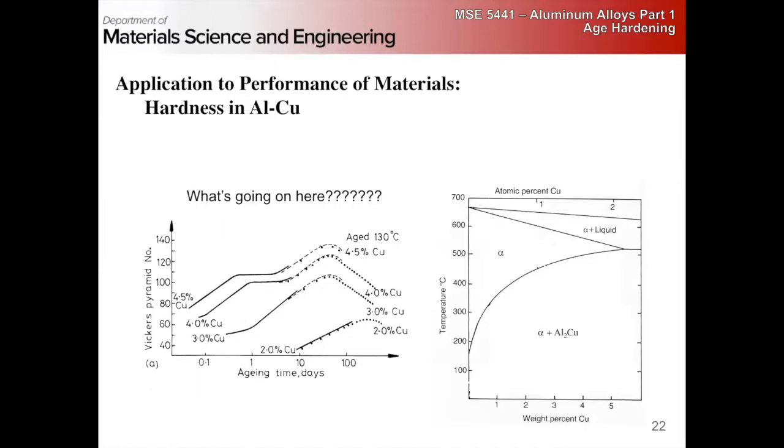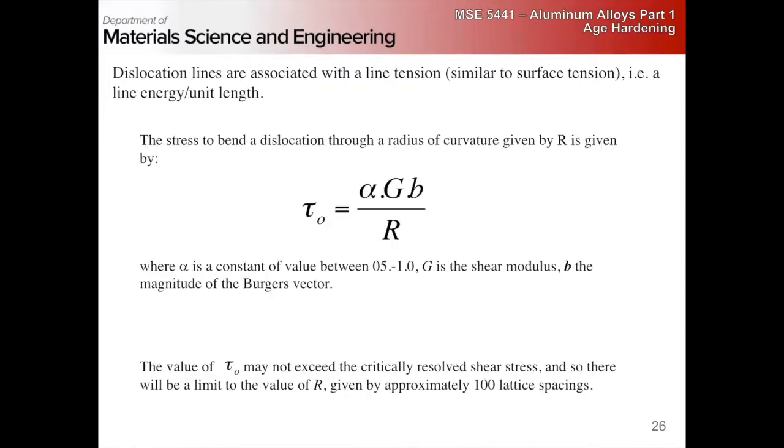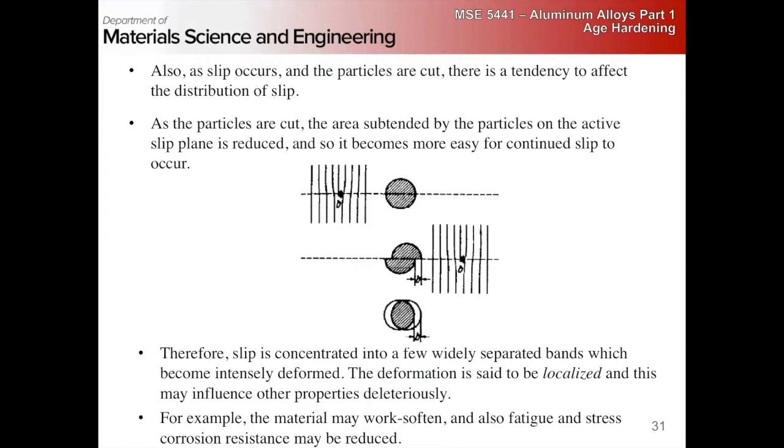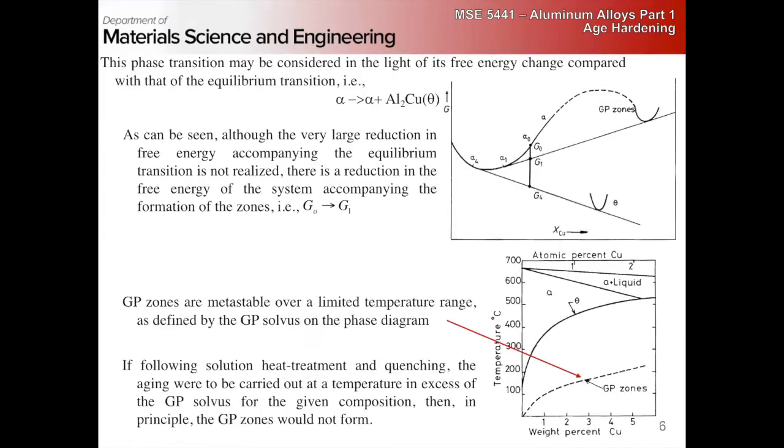So if you look on our free energy curves here, by forming the clusters, we're able to reduce the copper. Remember, our solution wants to separate. The copper wants to be with other copper, and our alpha matrix wants to be drastically reduced in copper.